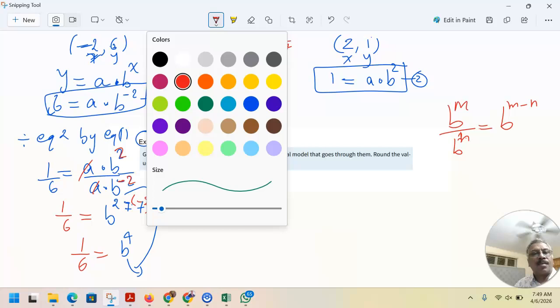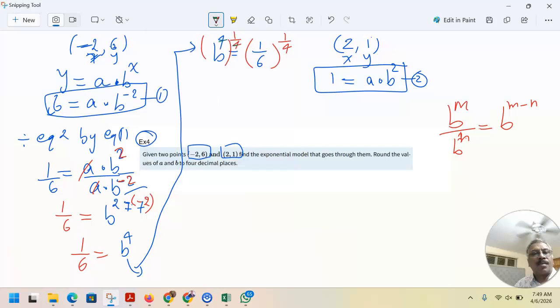And the reason is we can cross out the 4 and a 4. What stays is only b equals 1/6 raised to 1/4.